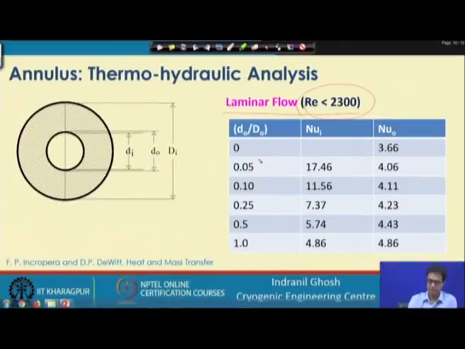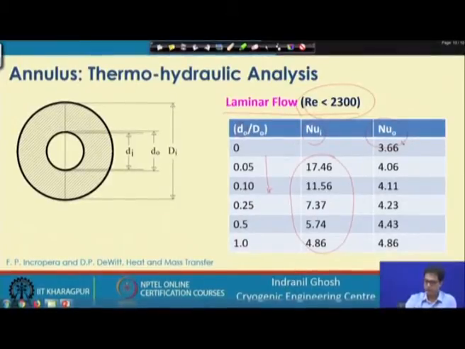When we have this is d0, this should be di. Now, as the ratio d0 by di is increasing, we have the Nusselt number corresponding to the inner tube as well as the Nusselt number for the external tube.